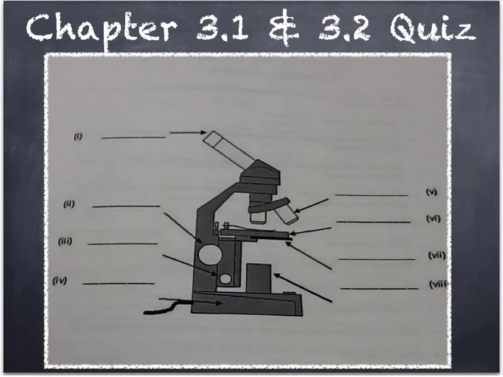Okay, let's take a look here at our microscope and work through the different parts. So hopefully these are fairly common to you after we've used these last week. So our first one here, of course, that we're going to look through is our eyepiece.